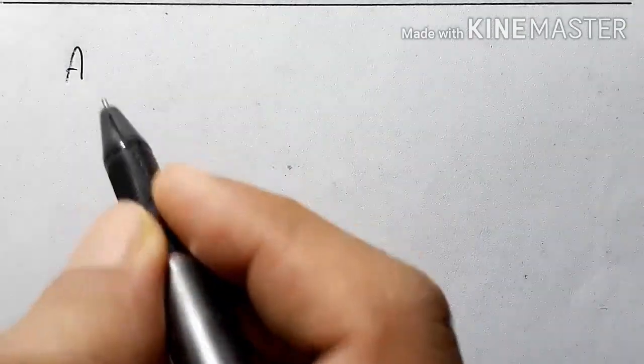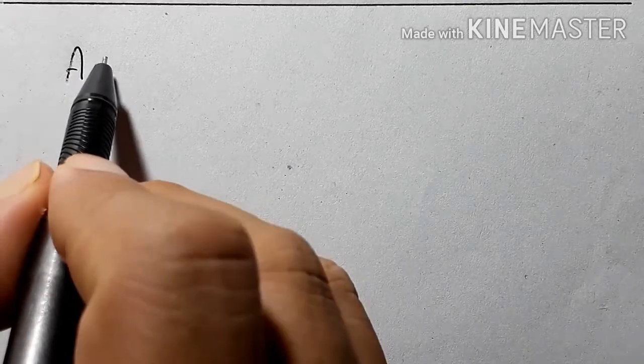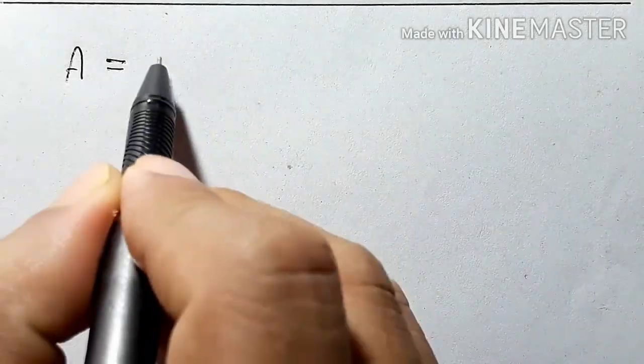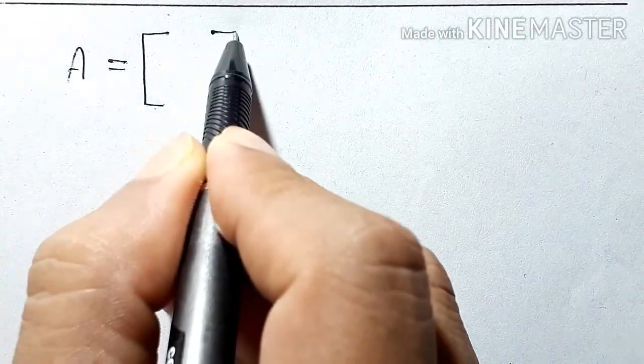Here, the name of the matrix is denoted by a capital letter always. Okay, capital letter like A, like B, like C, like this. So this is the name of the matrix, and the matrix is enclosed by third bracket.